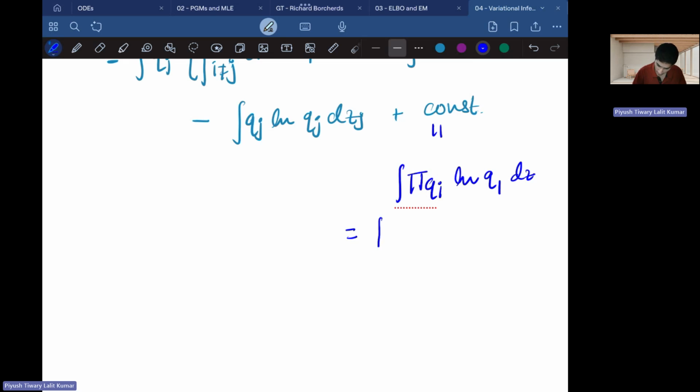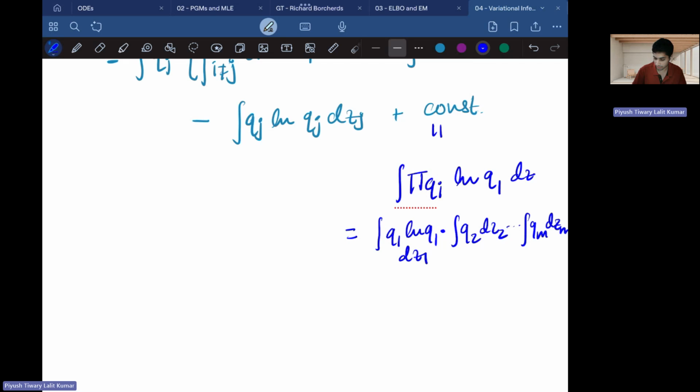This will become q_1 ln q_1 integral, with dz_1, then q_2 dz_2, and so on till q_m dz_m, because all of these are disjoint.